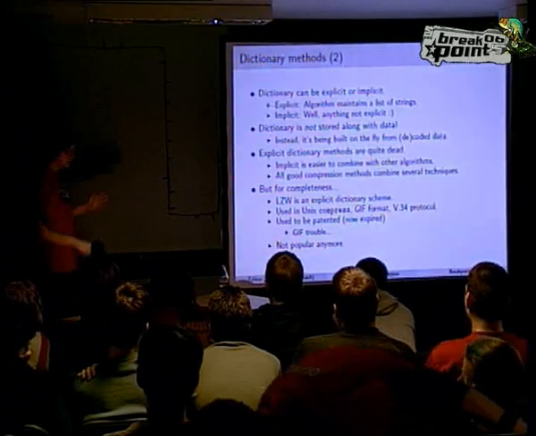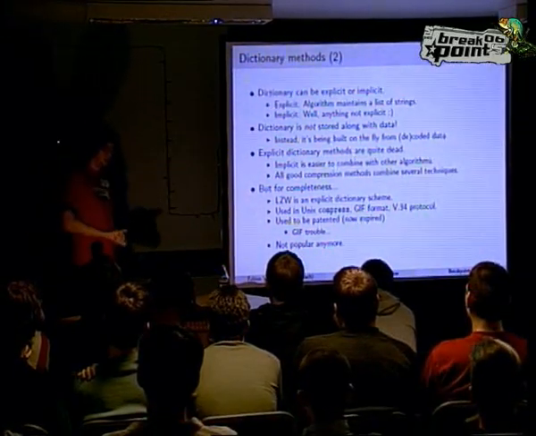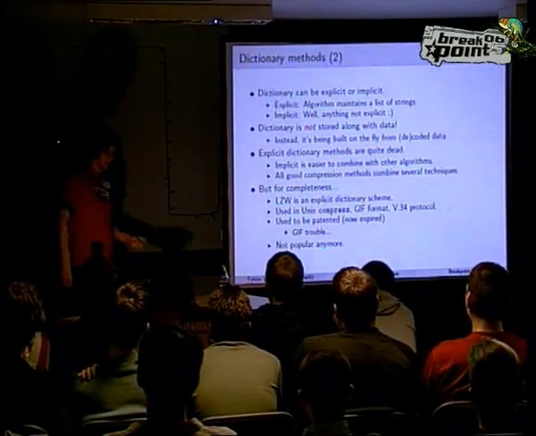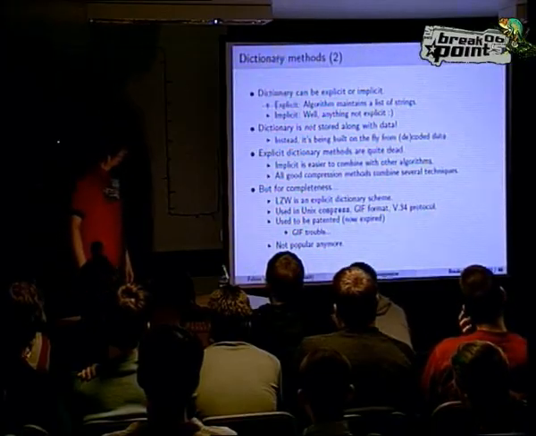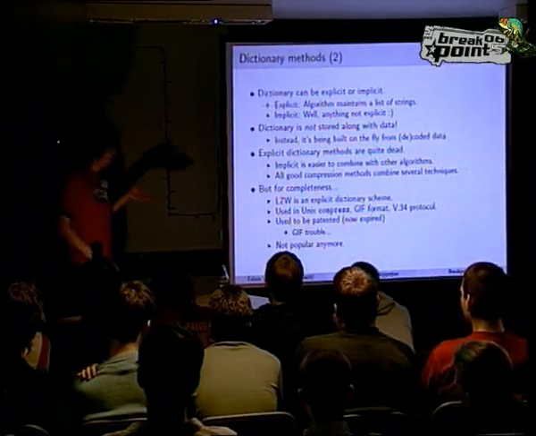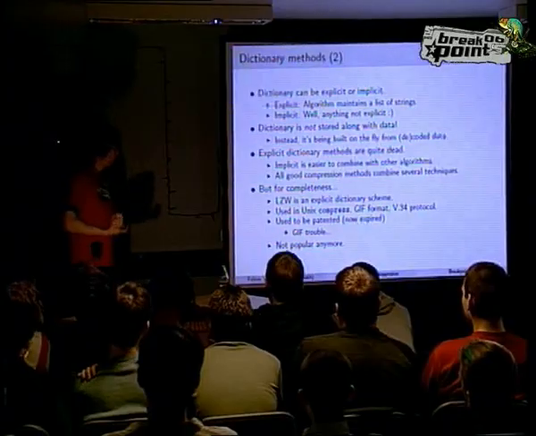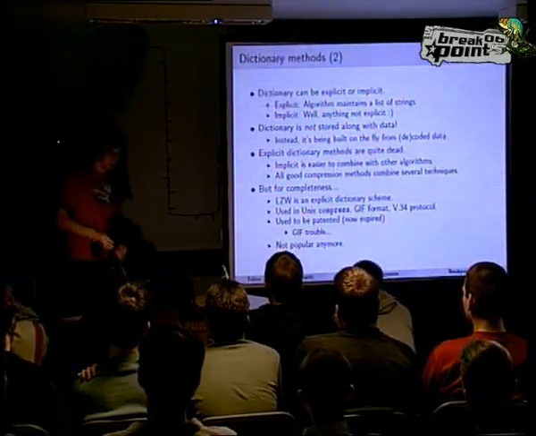This used to be patented, which was a lot of trouble in the last few years with, for example, GIF files you had on web pages. The patent is now expired, but this patent basically nails shut the coffin of explicit dictionary schemes, because they didn't have the pack rate you would get with other techniques, and now with the patent trouble, no one used them anymore, so they're basically not popular anymore.